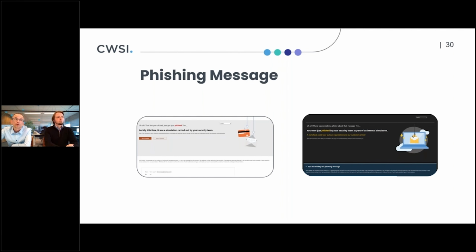And for the phishing message, it's the same as the payloads. There are a few out-of-the-box phishing messages, but you are able to provide a custom phishing message yourself to inform the employee he or she is phished and what's next.